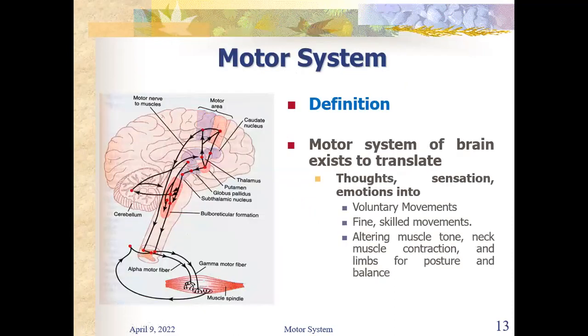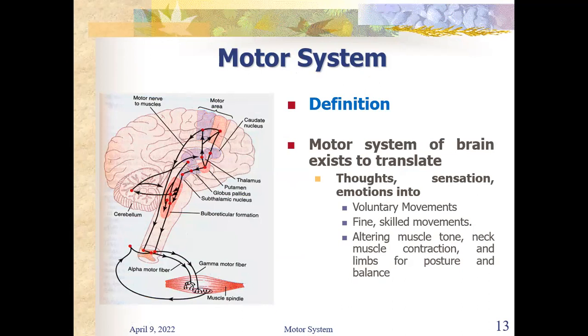The motor system, the way we define it, is that system of the brain that exists to translate thoughts, sensations, and emotions into voluntary movements, into fine skilled movements, into muscle tone, neck muscle contraction, and limb control for posture and balance.